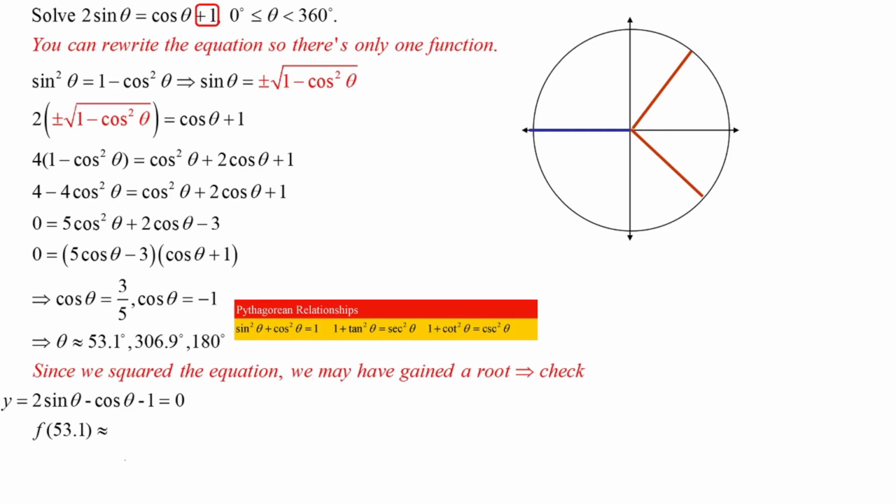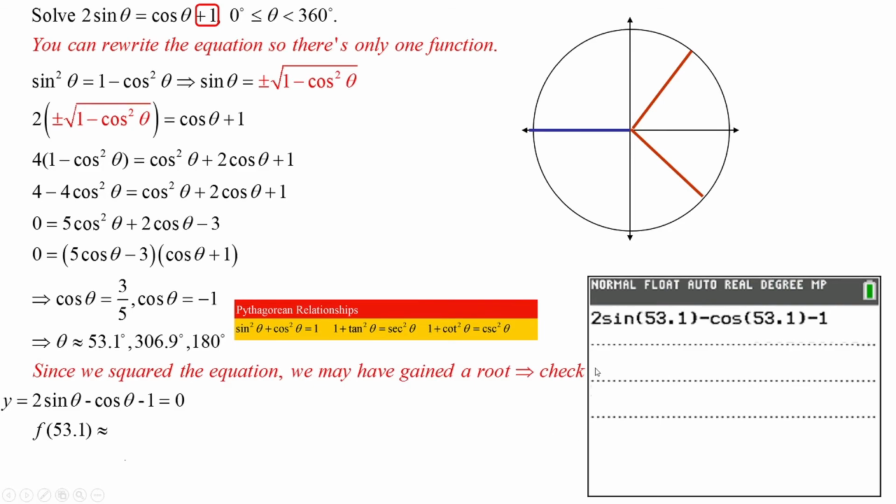Now, because that is a rounded solution, it might not be exactly 0. So that's what I just put into my calculator, and I'm expecting a number very close to 0. So equals, and yeah, I'm getting negative 0.001 dot dot dot. So that is approximately 0.